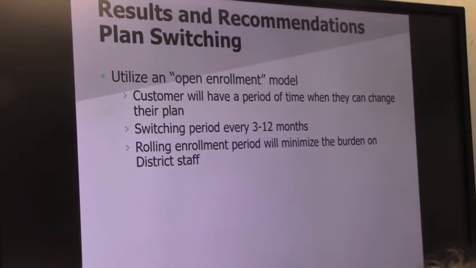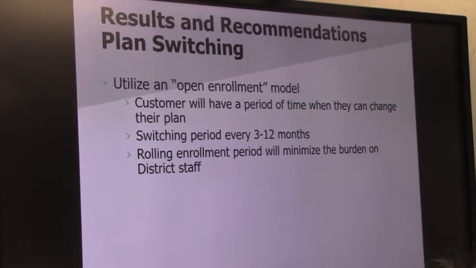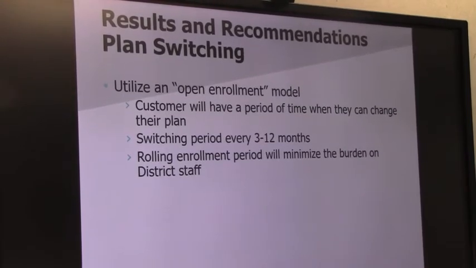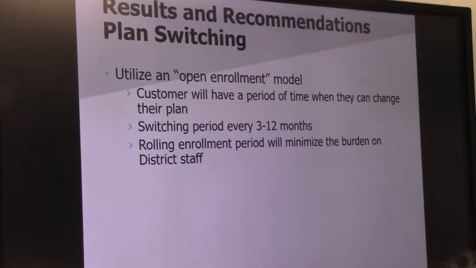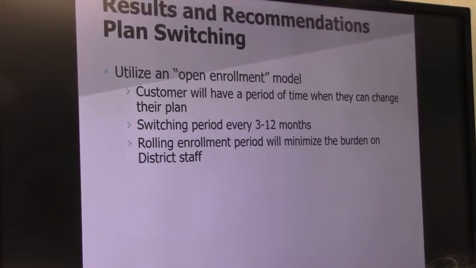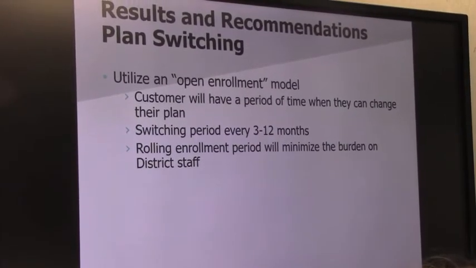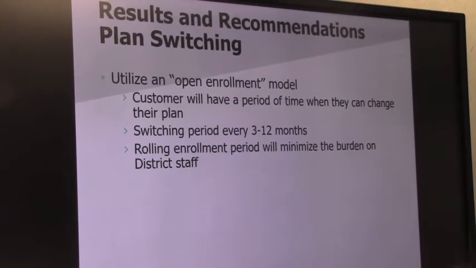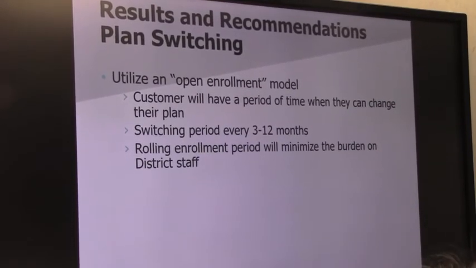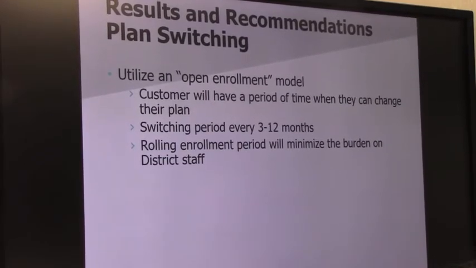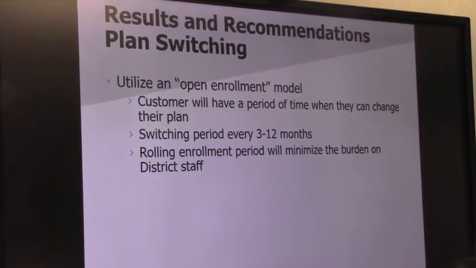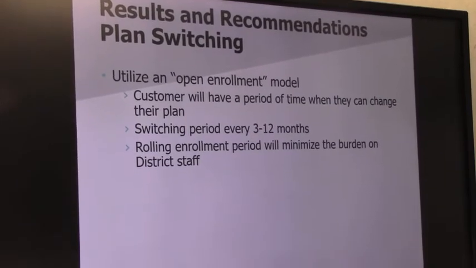Sanjay went ahead and ran 3 different rate tables: one if we allowed customers to switch after 3 months, one after 6 months, and one after 12 months. The shorter the period of time that you lock them into a plan, the more volatile the revenue stream becomes, and so the cost for that increases.